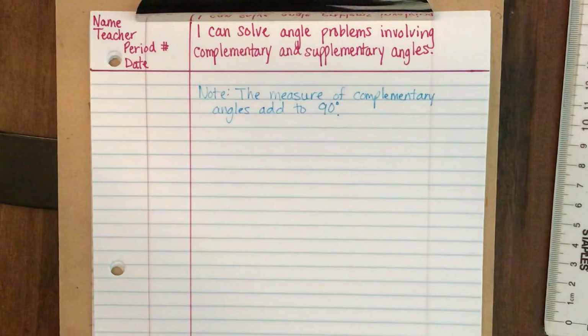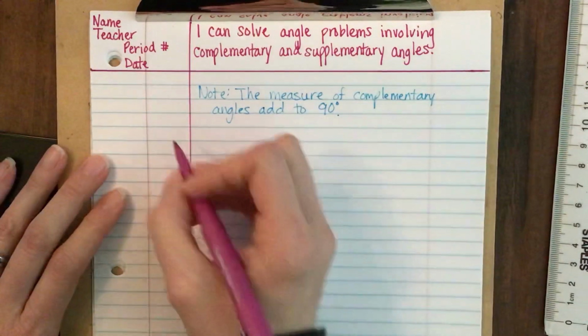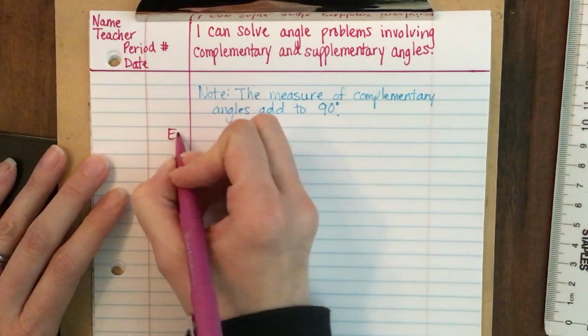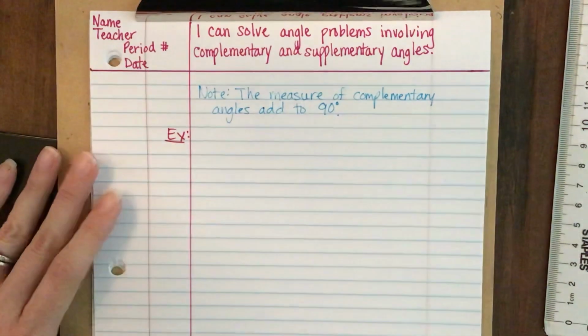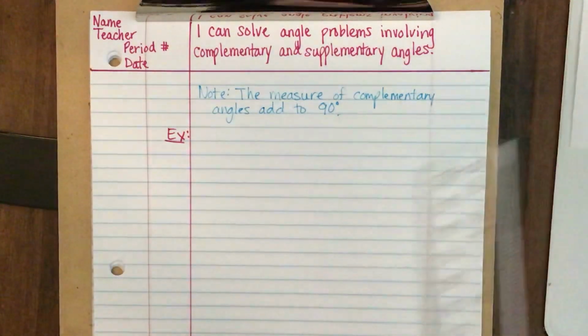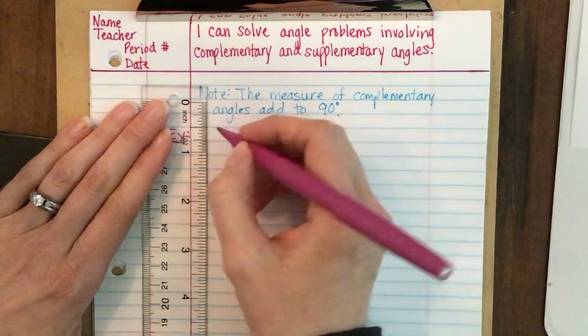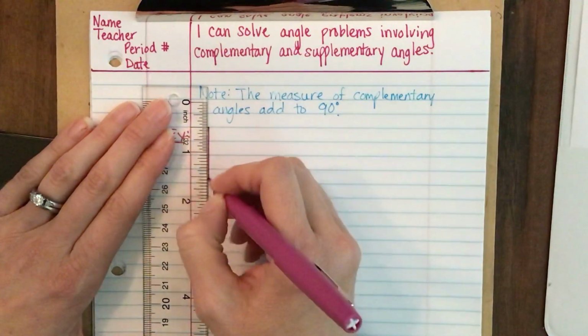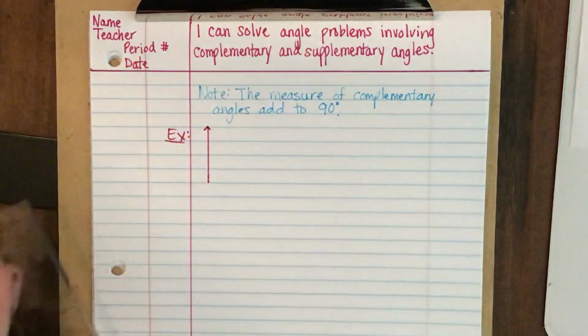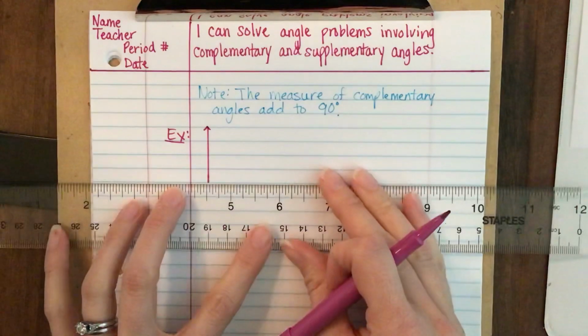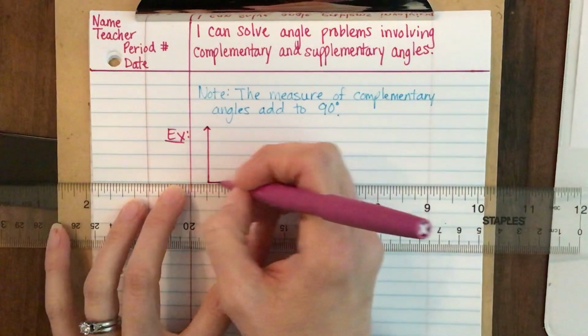So let's go ahead and do an example now so that we can see what I'm talking about. We're going to start with a review example first, just to make sure we're on the same page and we understand what complementary angles are. So I have my straight edge here. I'm going to draw the picture first, and then I'm going to give you some information, and then we're going to solve it.